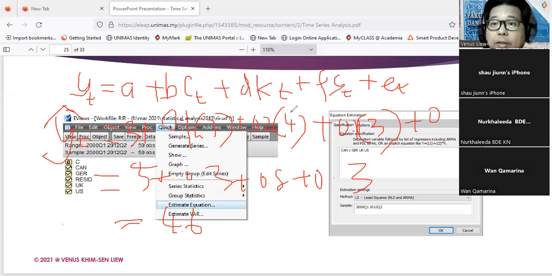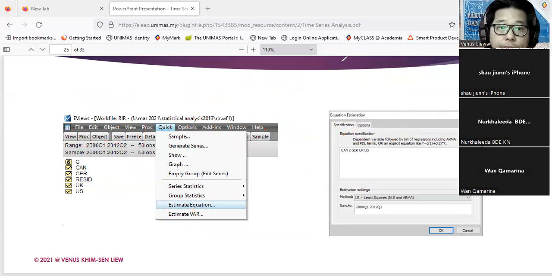We will say more about the OLS later on. So for OLS, we have our data here, a few countries' data: Canada, Germany, UK, US. When you want to perform ordinary least squares estimation, you go to Quick, Estimate Equation, and then you type the variables there.